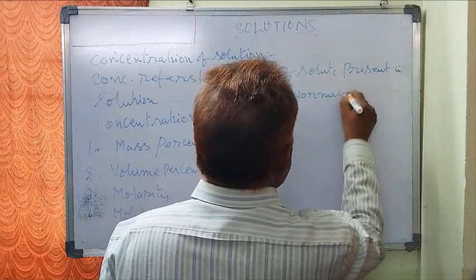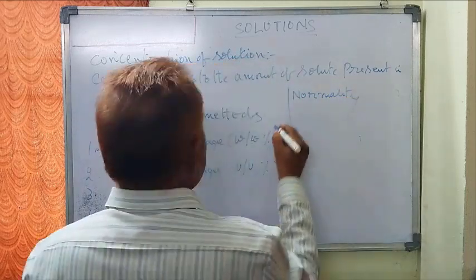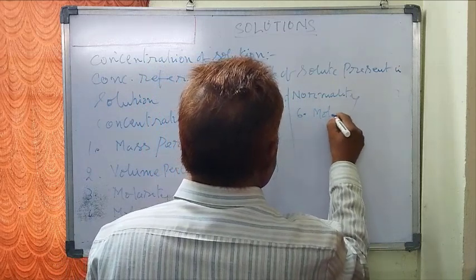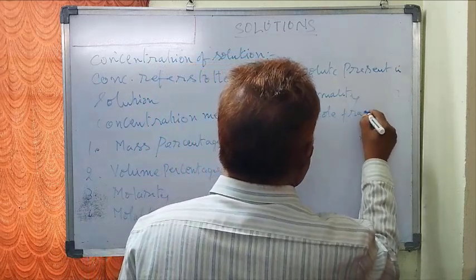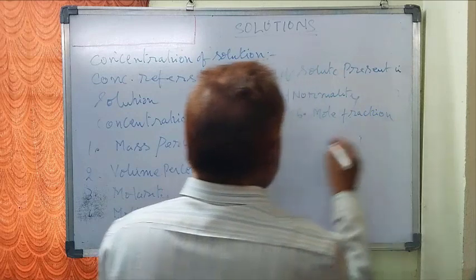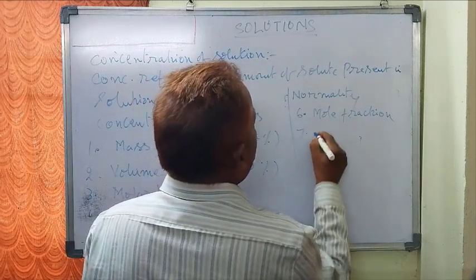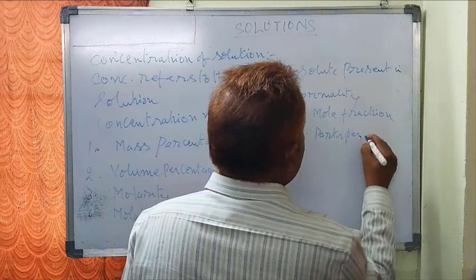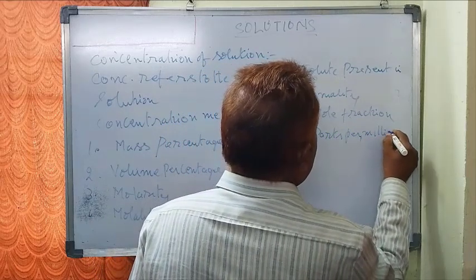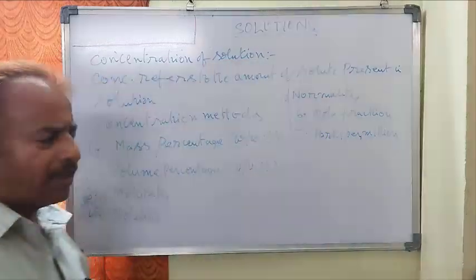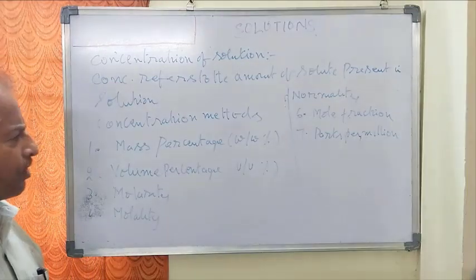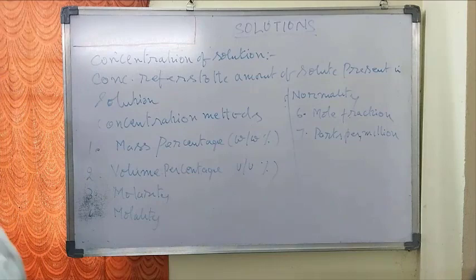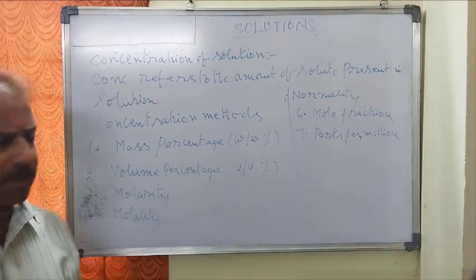Then normality. Sixth one is mole fraction. And seventh, parts per million. So these are the different methods of concentration of solution. Now let us discuss each and every method of concentration.